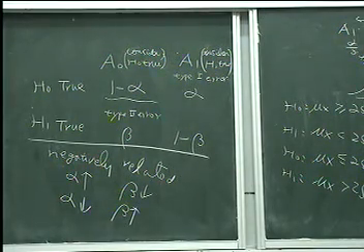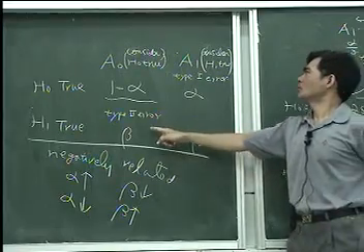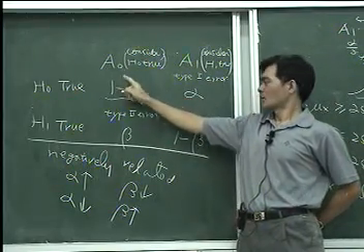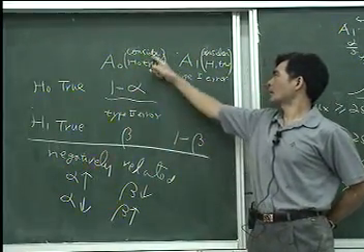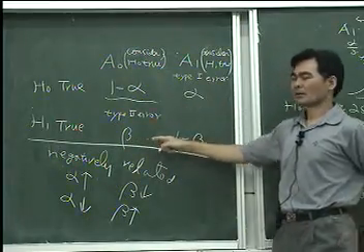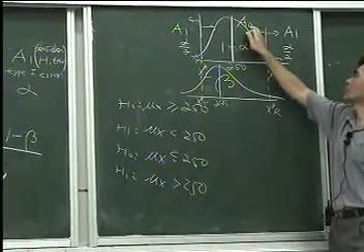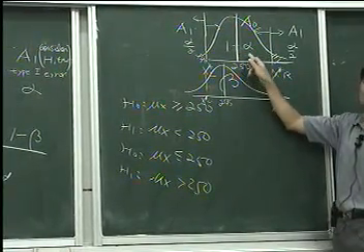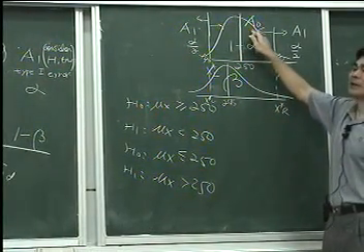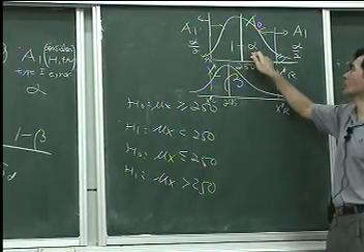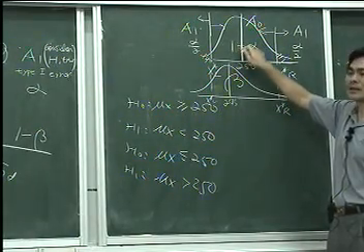If this is true and you take this action, what should that be? It should be beta, okay? Here, H naught is true, and you take action to believe H naught, so you get 1 minus alpha.